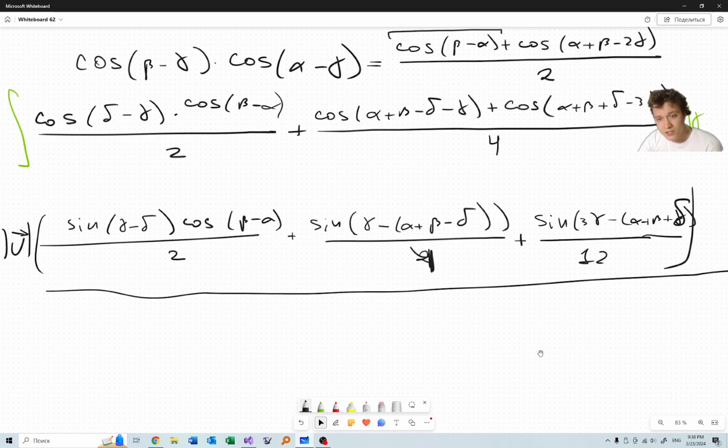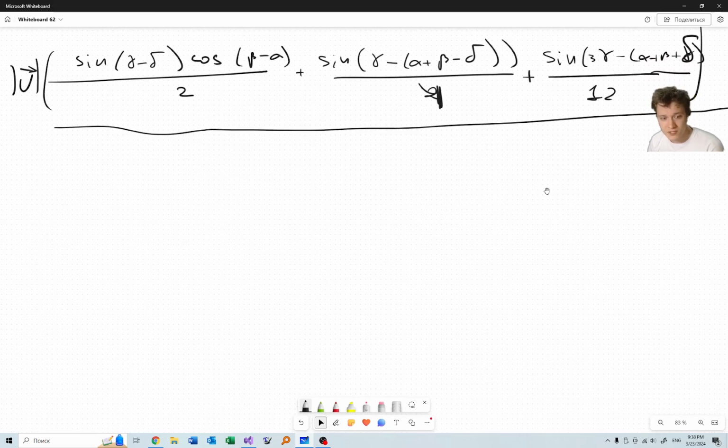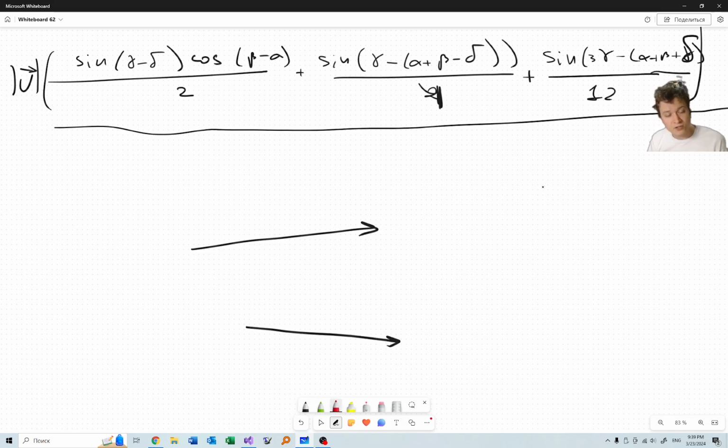The problem begins when we want to represent our big integral as sum of such integrals. So we have two vectors. Let's assume for now that they don't intersect, and moreover their intersection point lies somewhere here.